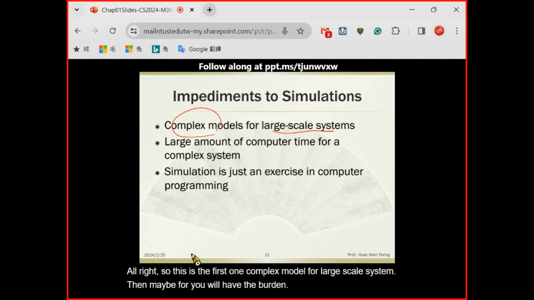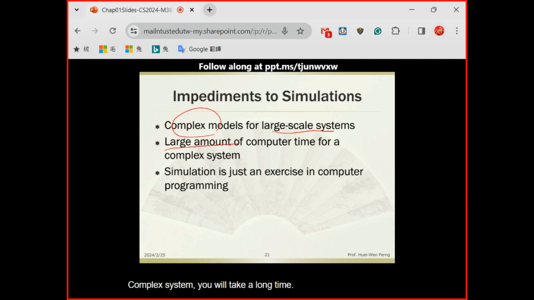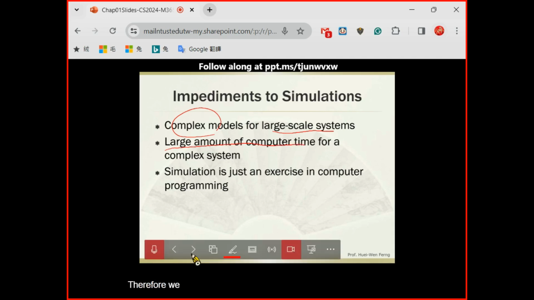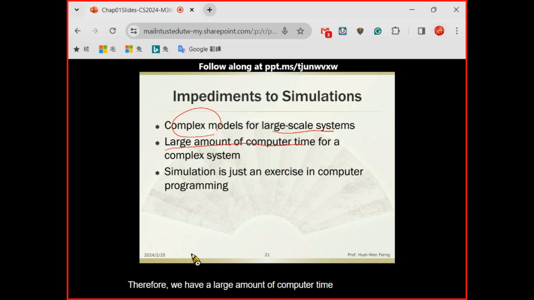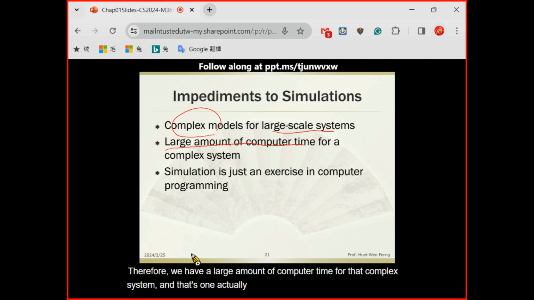This is the first impediment. The next one: if we have a complex model or complex system, it will take a long time. Therefore, we need a large amount of computer time for that complex system. And the last one, actually, is not a problem.